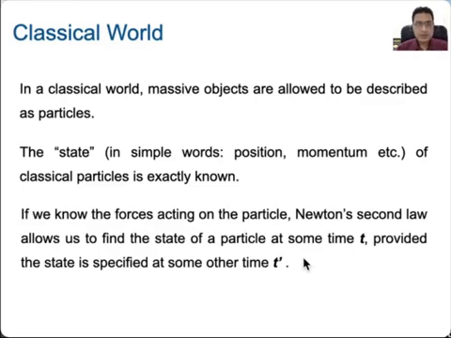Now if we know the position and momentum of the particle at some time t, and we know that some force is acting on this particle, we can easily deduce the position and momentum, in general the state of the particle, at some later time t prime, by solving Newton's equation of motion, Newton's second law.